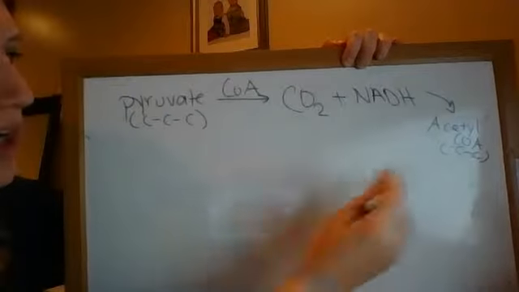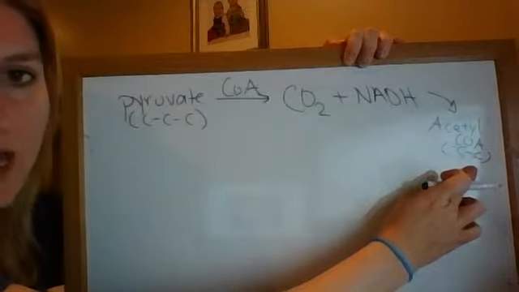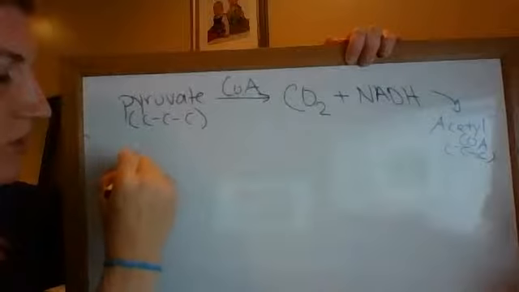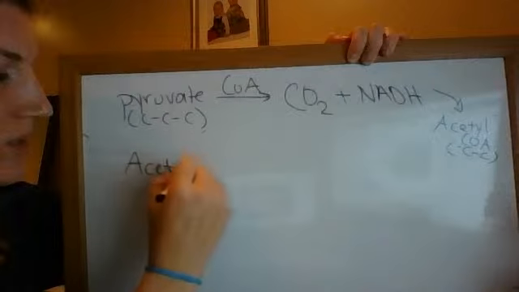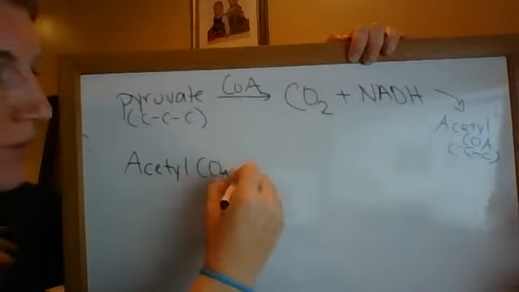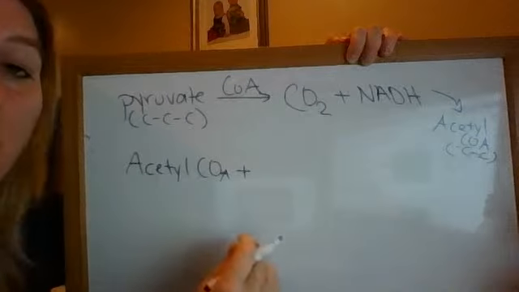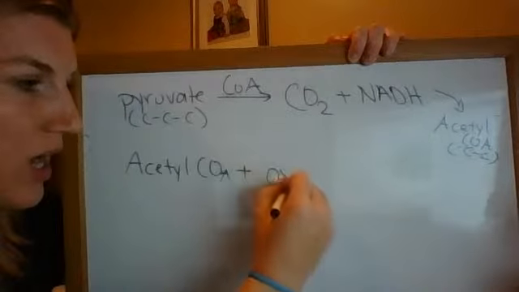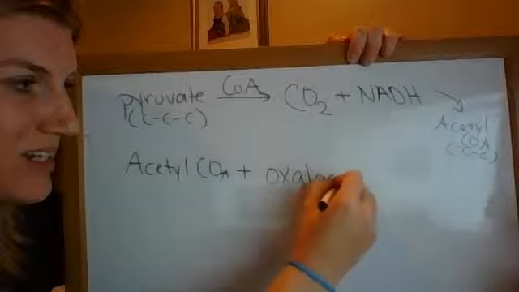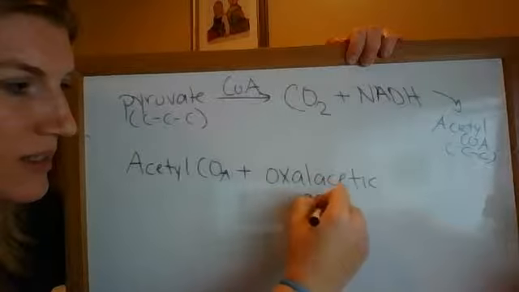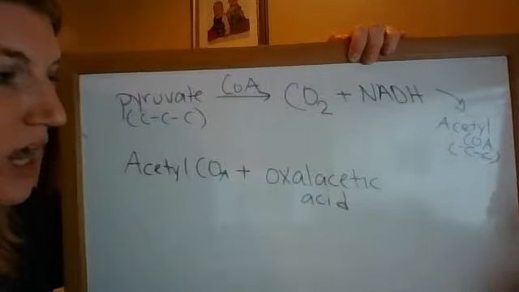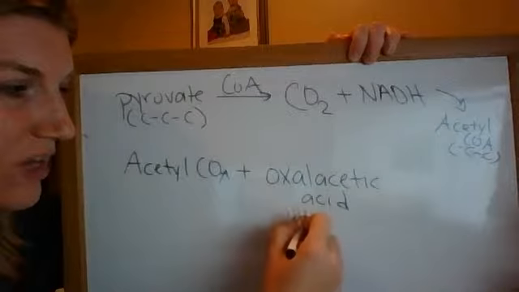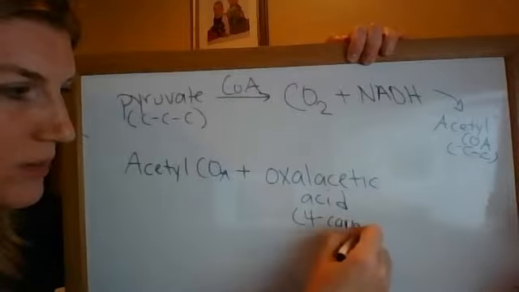So with that, our now 2-carbon molecule, acetyl-CoA, I'm just going to rewrite it over here, joins up with a molecule called oxaloacetic acid. Oxaloacetic acid is a 4-carbon molecule.